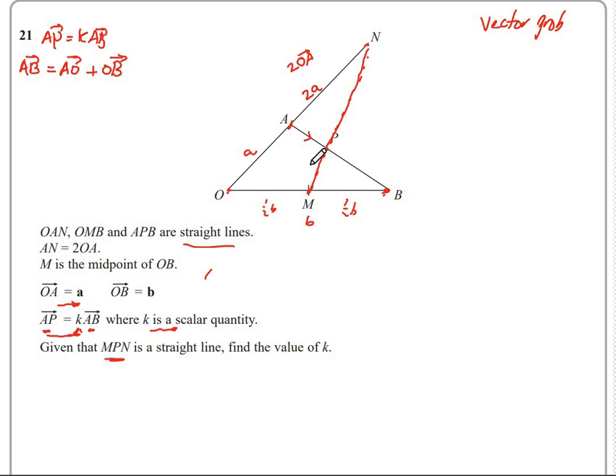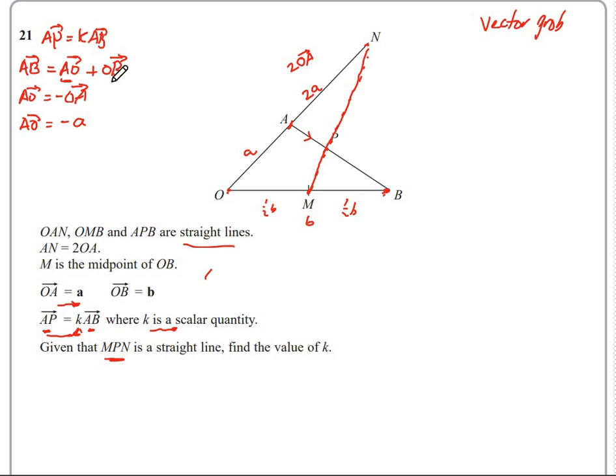Now we know what OA equals, so AO is the negative of OA. So AO equals negative A. So we found AO. So what does AB equal?